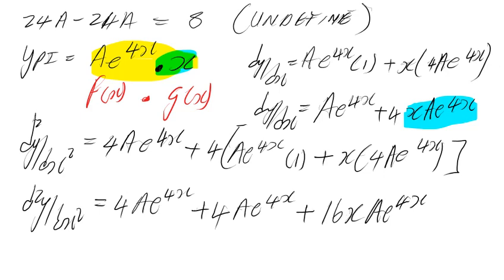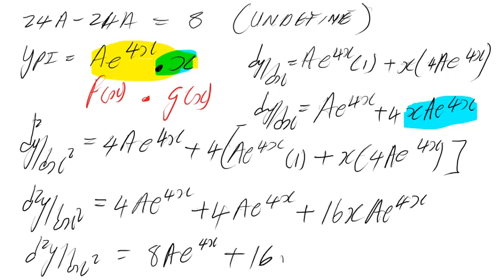Okay, then 4 plus 4 we get 8ae^4x plus 16x ae^4x. Okay, then there's your d squared y over dx squared.